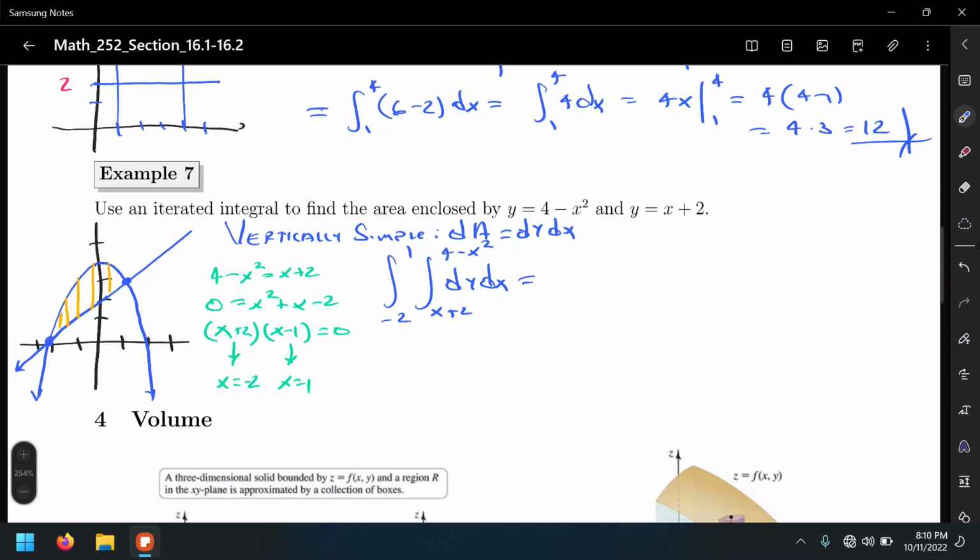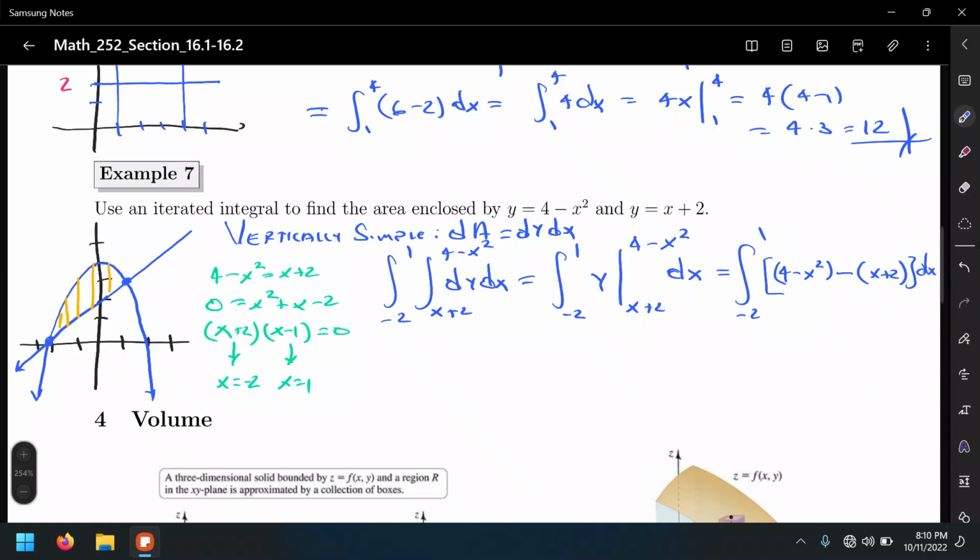Alright, so the integral of the y, that's simply going to be the integral from negative 2 to 1, that's a y, evaluated from x plus 2 to 4 minus x squared dx. And then substituting upper limit minus lower limit, that means 4 minus x squared minus (x plus 2) dx.